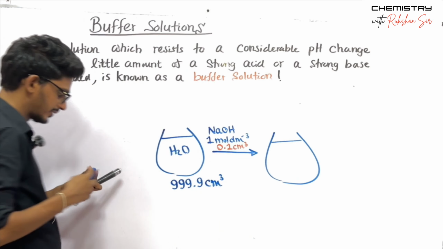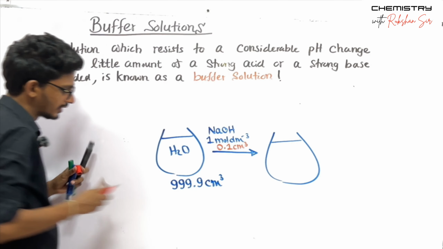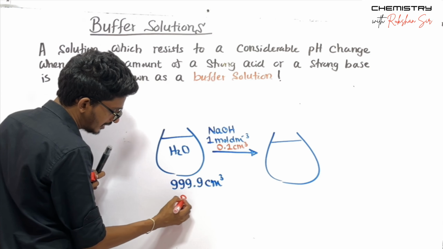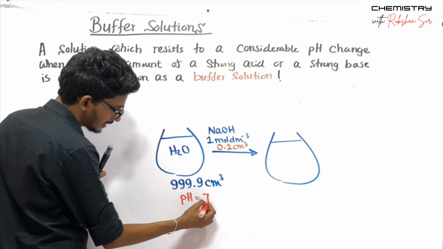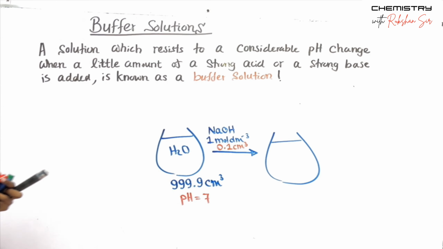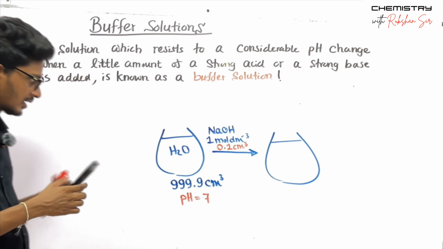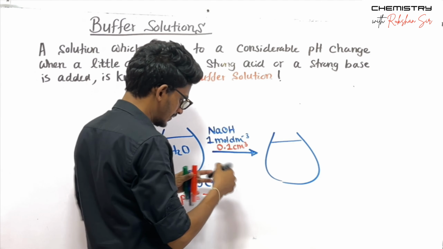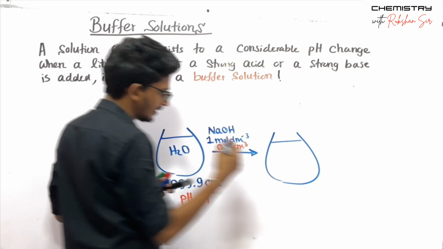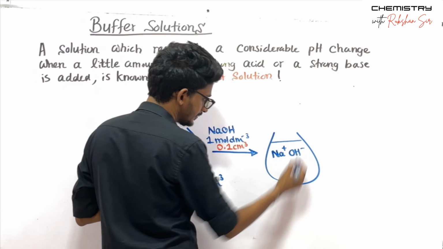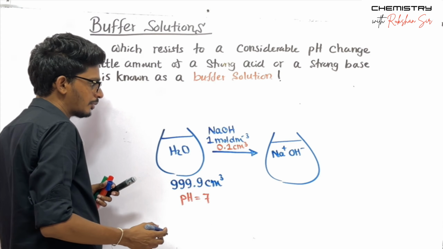So with water, your pH is 7. Water is neutral, so the pH is 7 at room temperature. Let's see the pH of this solution. As you have added some NaOH, this solution now contains Na plus and OH minus. How many moles?